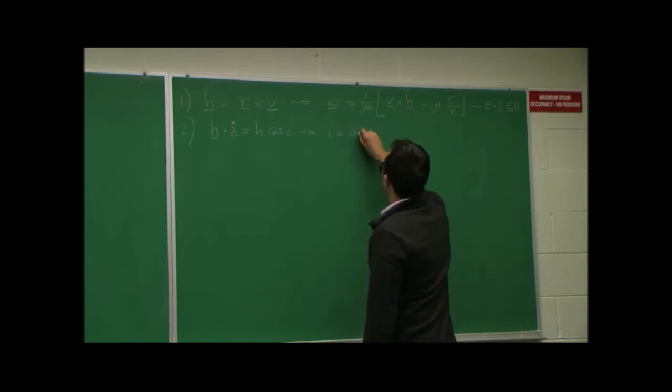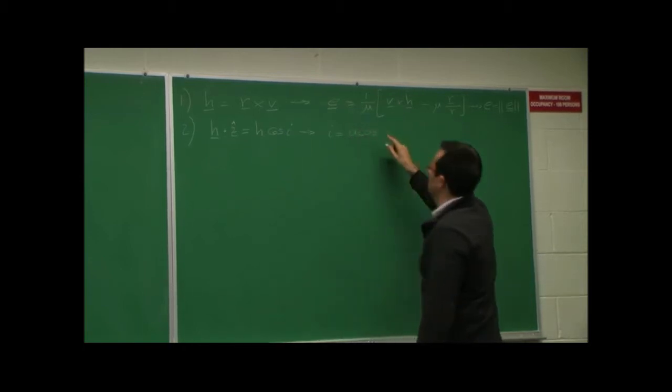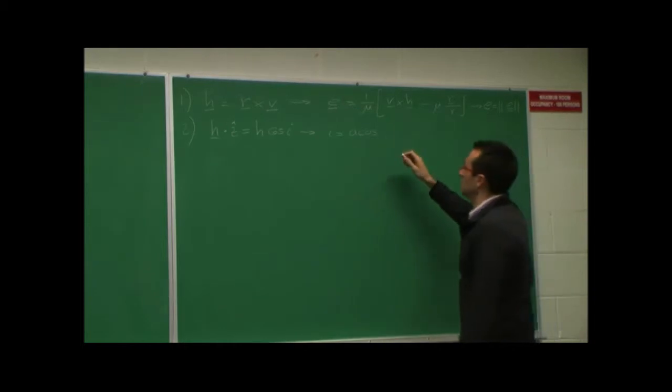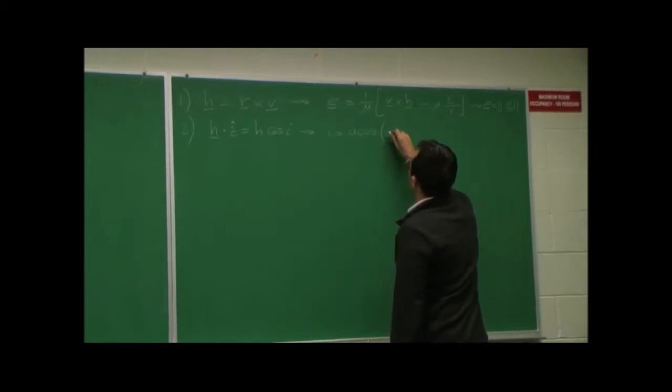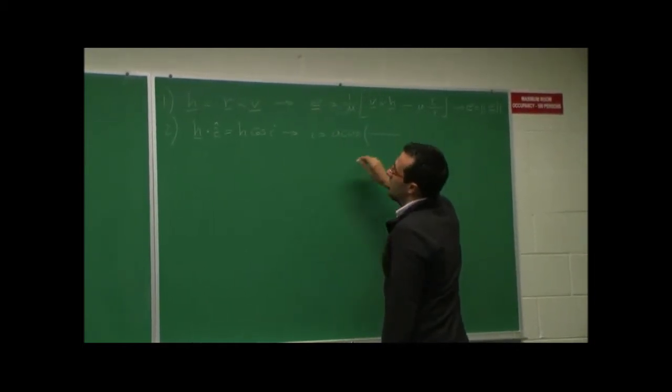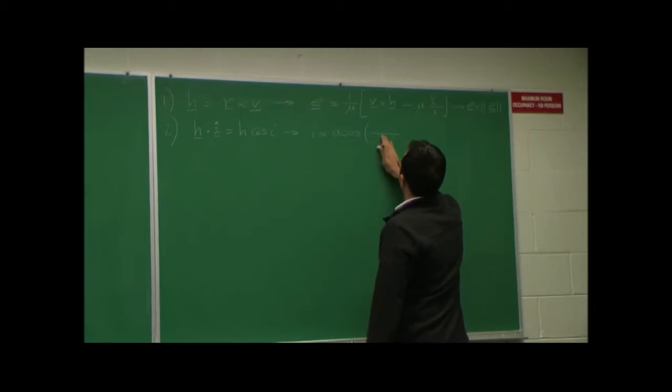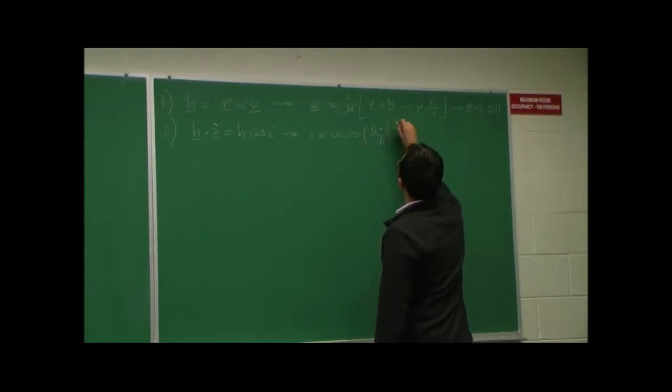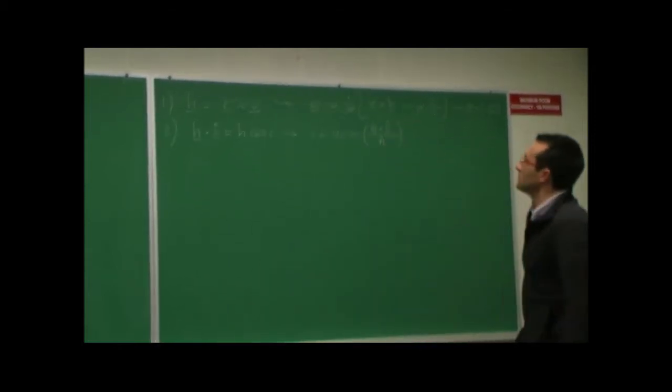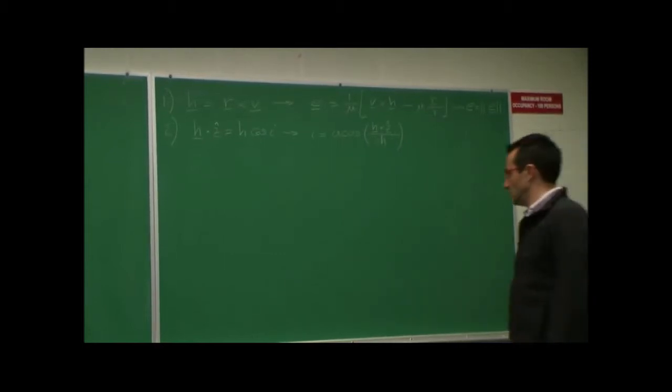Do you prefer arc cosine or cosine minus 1? Doesn't matter? No? Okay. Arc cosine of H dotted with Z over the norm of H. Maybe negative 1 would be better.